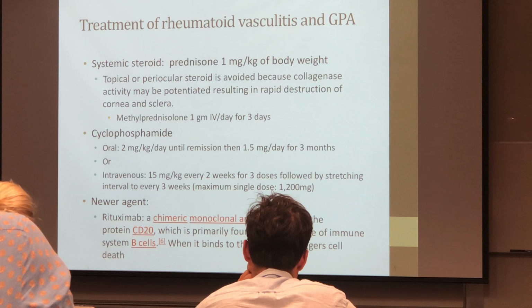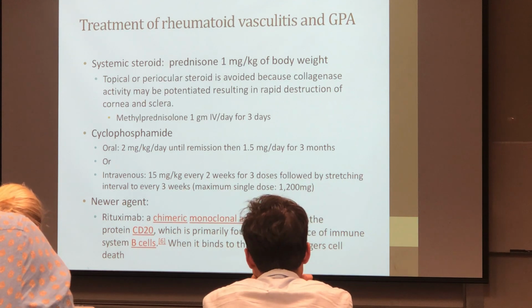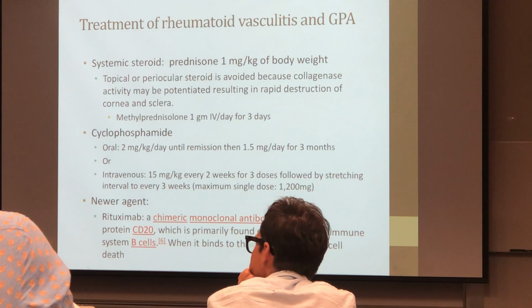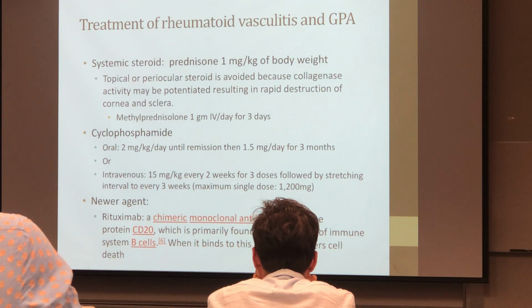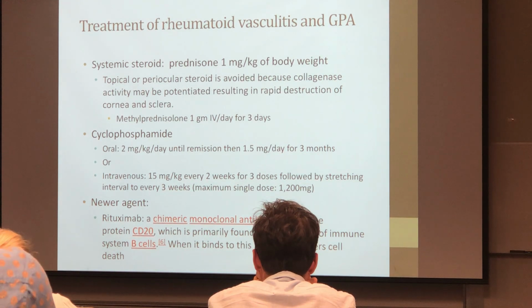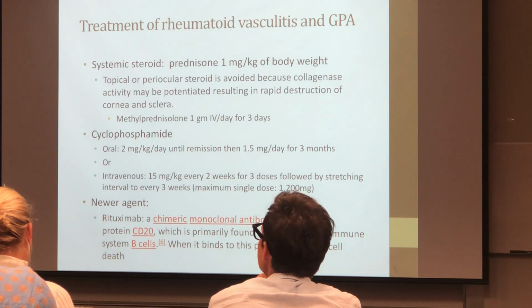Cyclophosphamide was, and probably still is, used to treat patients with rheumatoid vasculitis or GPA when they don't respond to prednisone. More recently, we've been using rituximab, a chimeric monoclonal antibody against CD20. It seems to be effective, but it does affect the bone marrow.